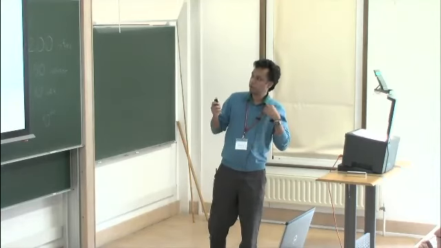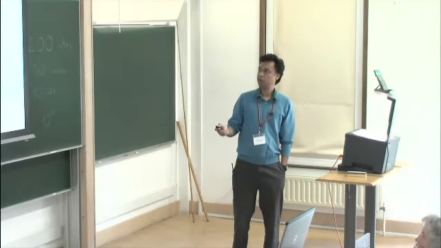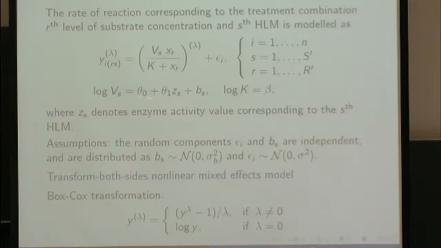So this is a transform-both-sides nonlinear mixed effect model, because we are transforming both sides. Vmax contains the random effect term, Km does not contain a random effect term, and we assume that b_s is normally distributed and the error terms are normally distributed. So our goal is to estimate the parameters of the model, which are theta naught, theta 1, sigma b, sigma and beta.